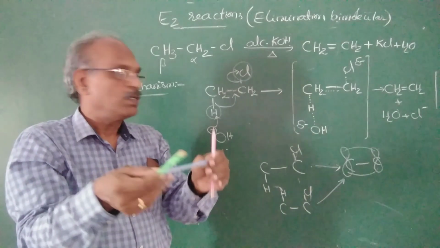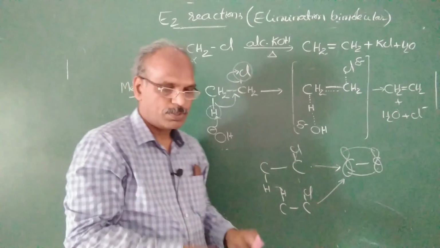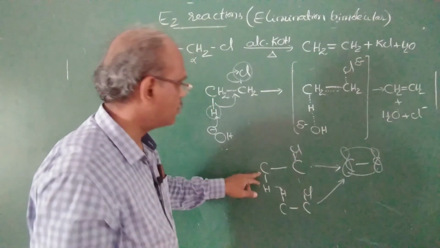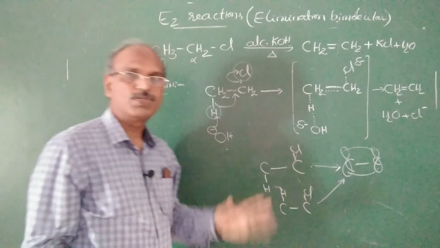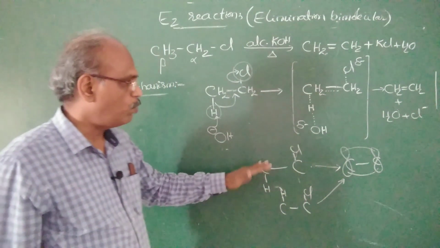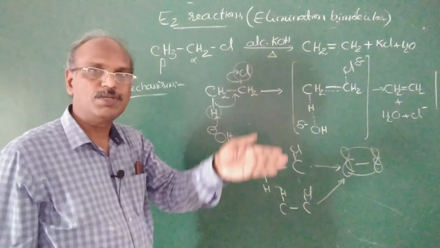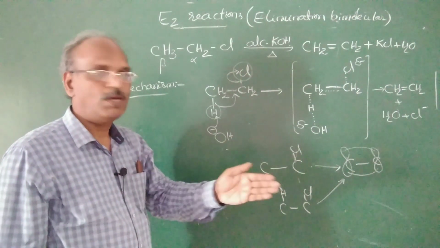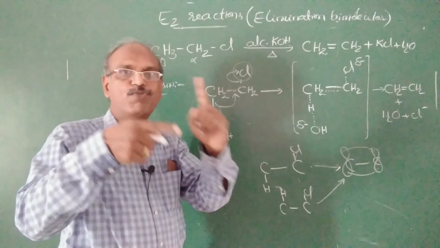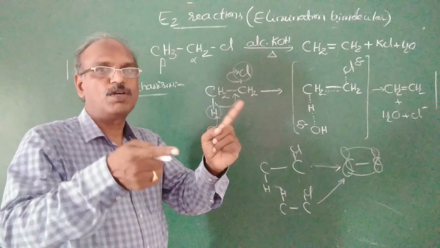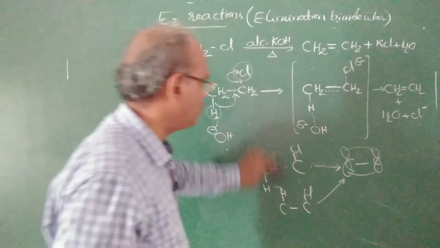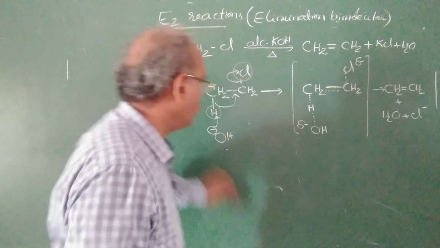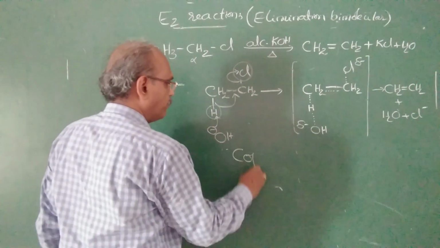So, the leaving groups and carbon atoms must be coplanar, whether it is anti or syn. They must lie in the same plane. Otherwise, if they are in different planes, formation of a pi bond is difficult. So, the necessary condition is coplanarity.